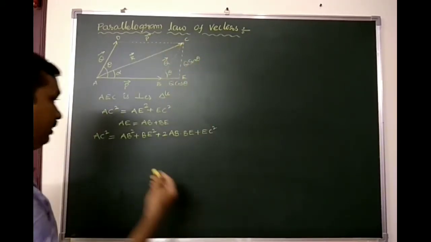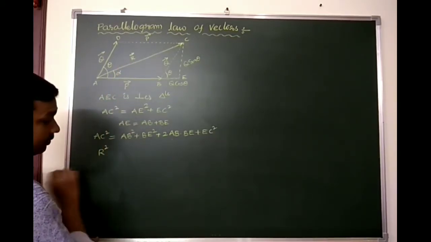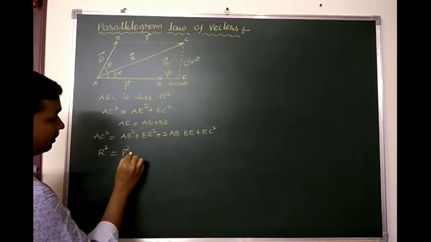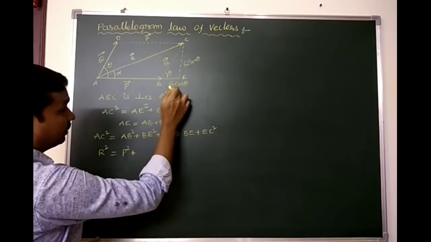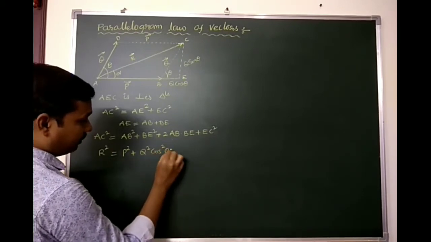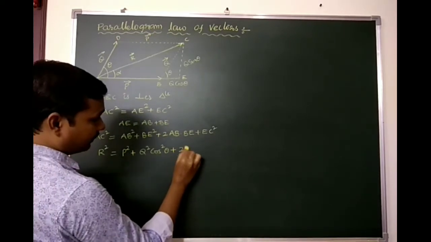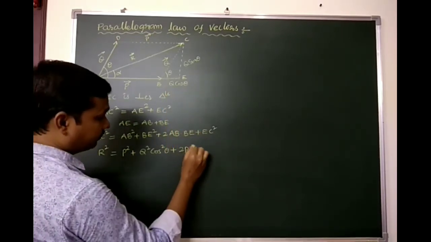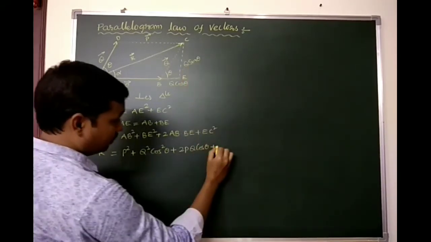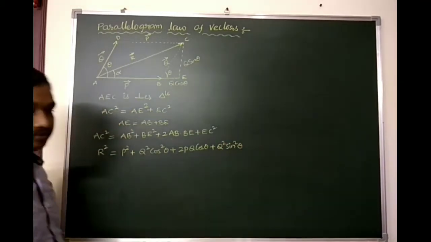We know all, so substituting: AC is R. So R square equals P square plus Q square cos square theta plus 2P Q cos theta plus Q square sin square theta.